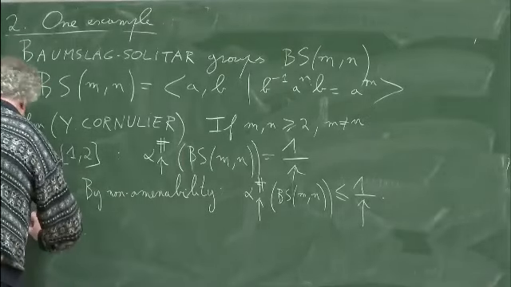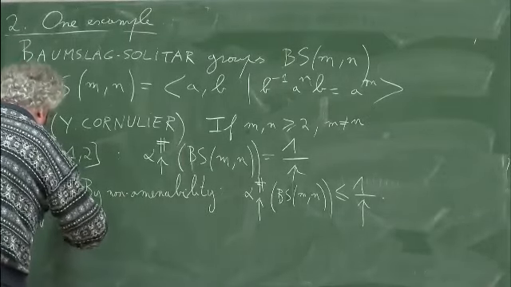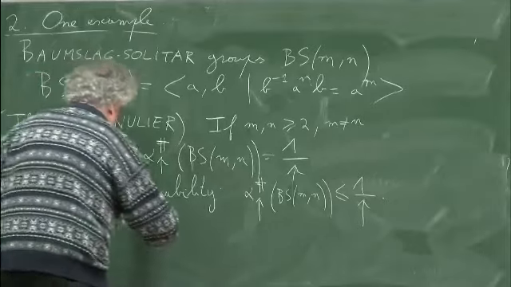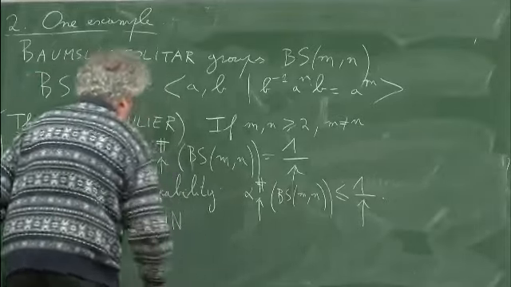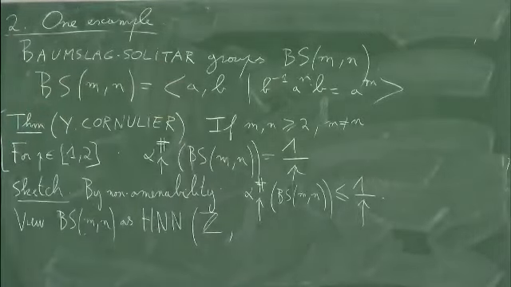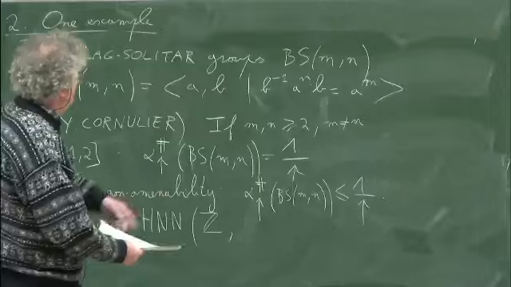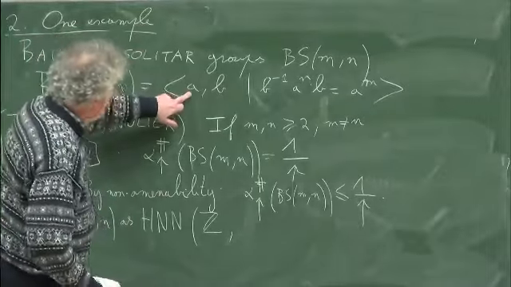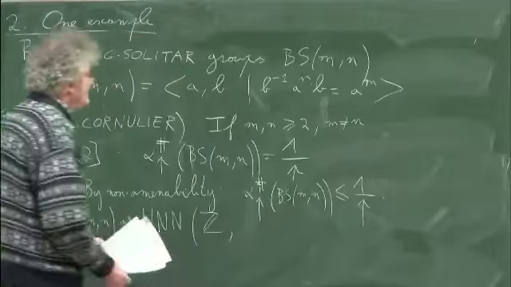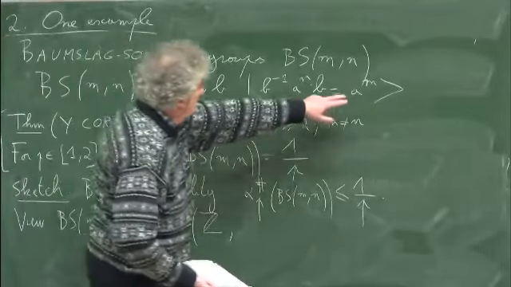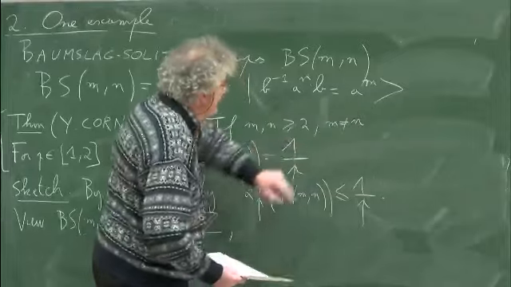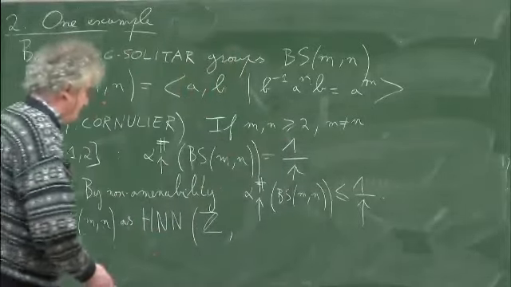And we may view G, or BS(m,n), as what is called in group theory an HNN extension. Start with the cyclic subgroup generated by a, and that's a copy of Z. Inside we have two subgroups: the one generated by a^m, and the one generated by a^n.